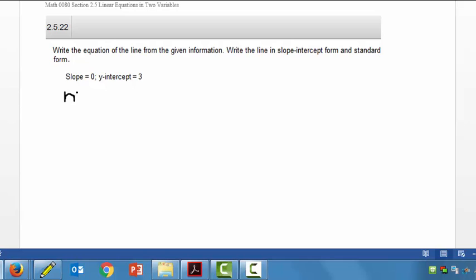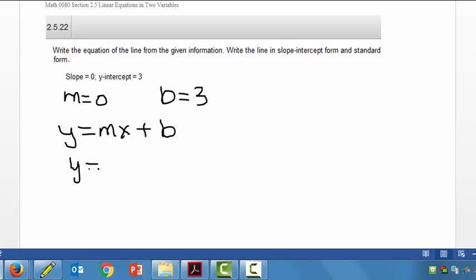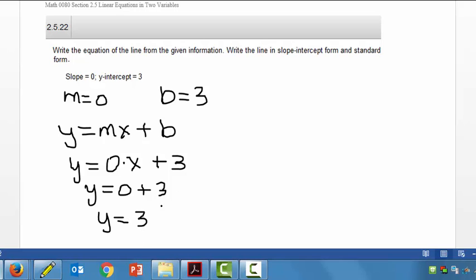So our m equals 0, our b is 3, and we know y equals mx plus b, so y equals 0 times x plus 3. 0 times x is just 0, so y equals 3. This is our slope-intercept form of our line equation.